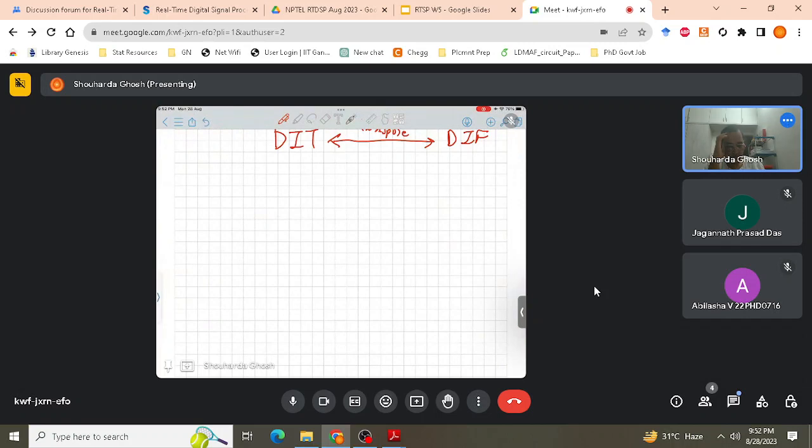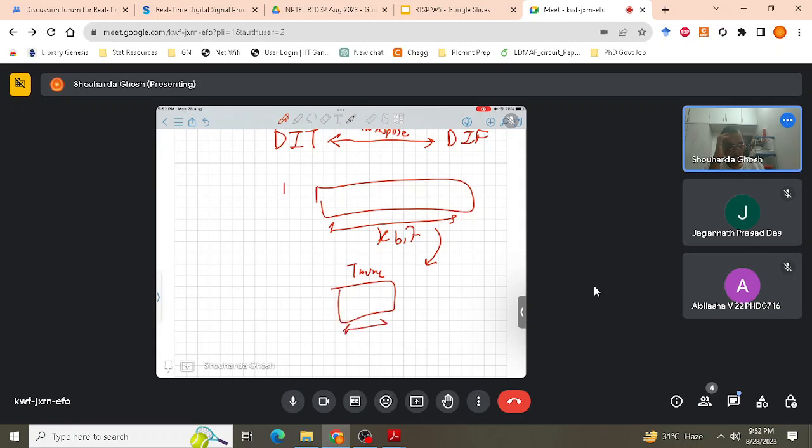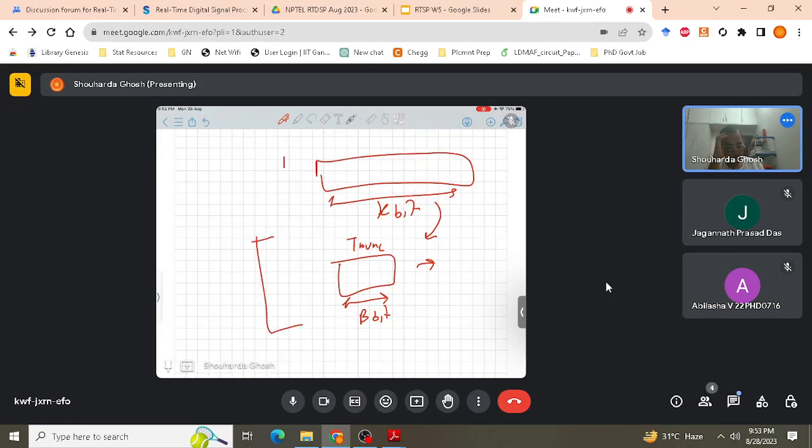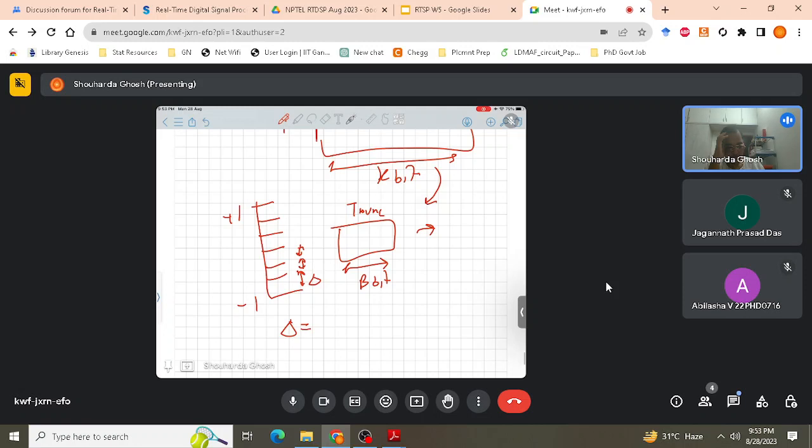So whenever you have some large k-bit number and you truncate that to b bits, the assumption is that the signal lies between -1 and +1. So the finite step delta is the full scale range divided by the total number of steps.